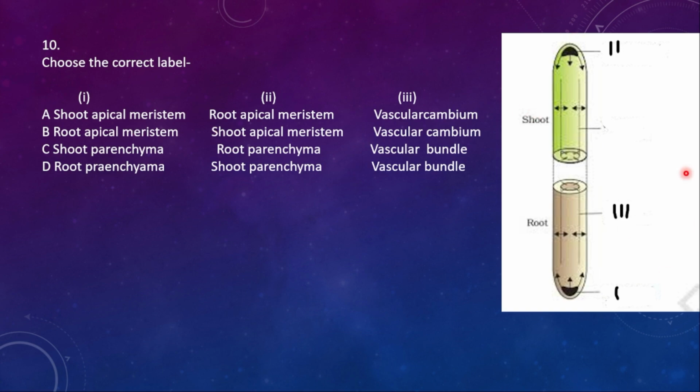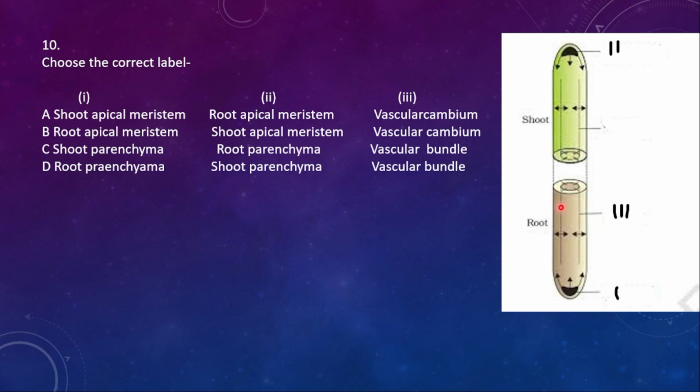See, this is the diagram which is given, indicated as 1, 2 and 3. Choose the correct label. What is the first one? The first one is obviously the root area, which means it will be the root apical meristem because it is at the tip. This portion is green, so it is the shoot part, and if it is at the tip it will obviously be the shoot apical meristem.